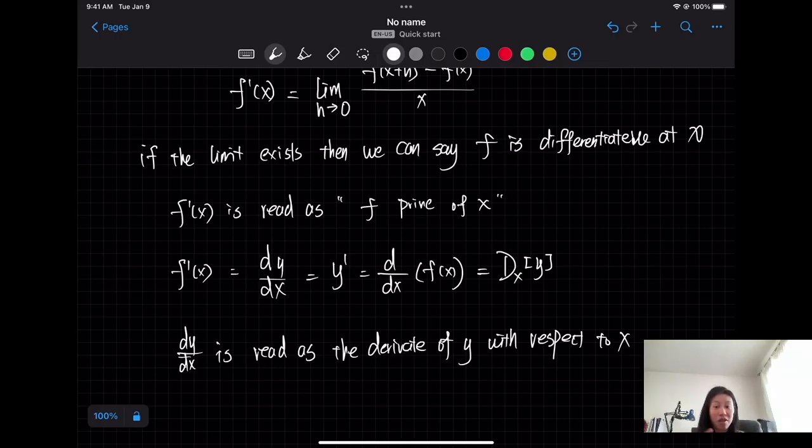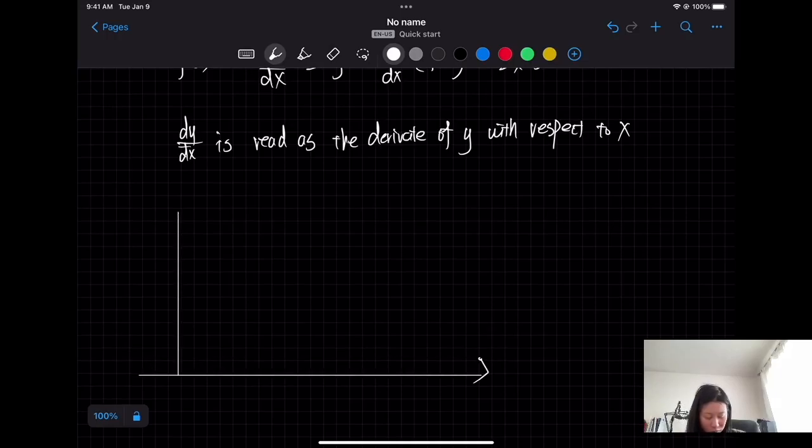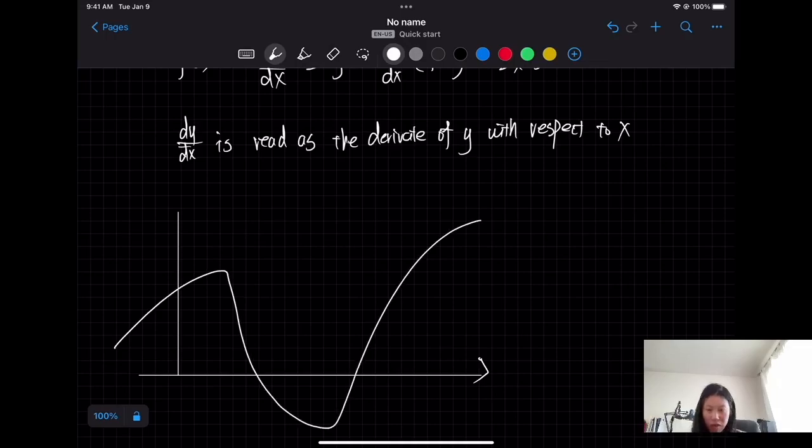Okay, so here are some examples of a tangent line or the derivative of a function. If you have a function, let's find the tangent line at points A, B, C, and D. What will be the tangent line?